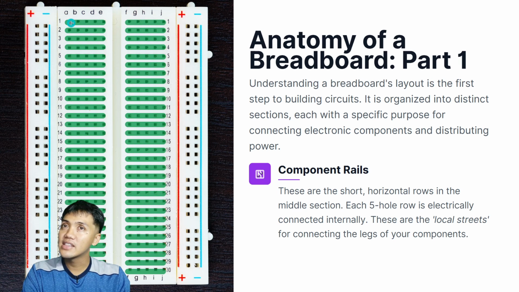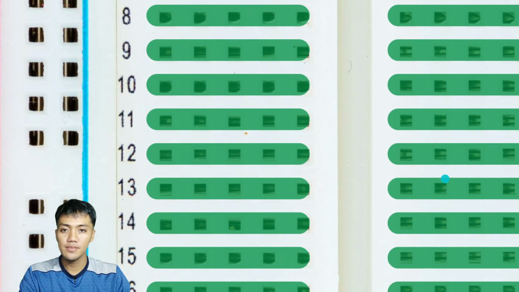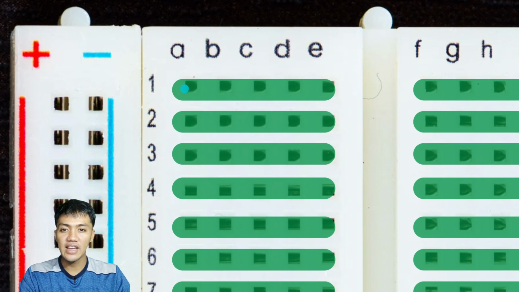That's why I've highlighted it like this, where all of these holes, 1A, 1B, 1C, 1D, and 1E, are connected.